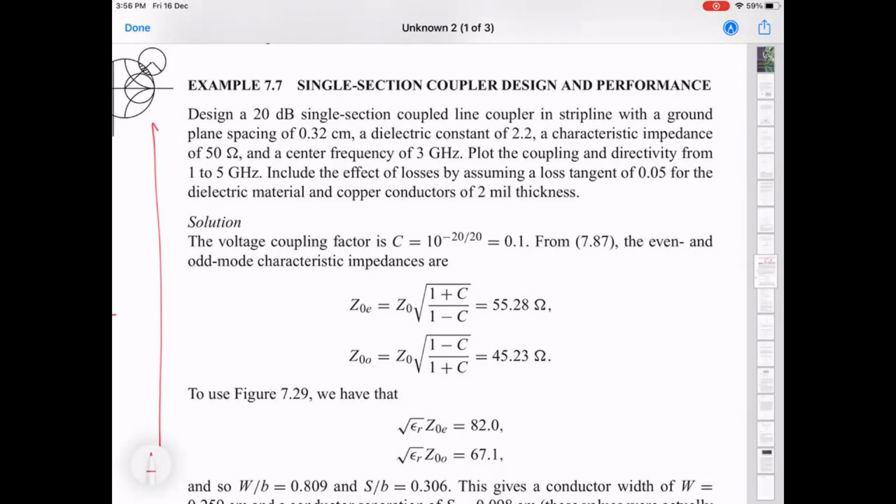The other things they have given: epsilon R is 2.2, and the ground plane to ground plane spacing, so it is B, is 0.32 centimeters.